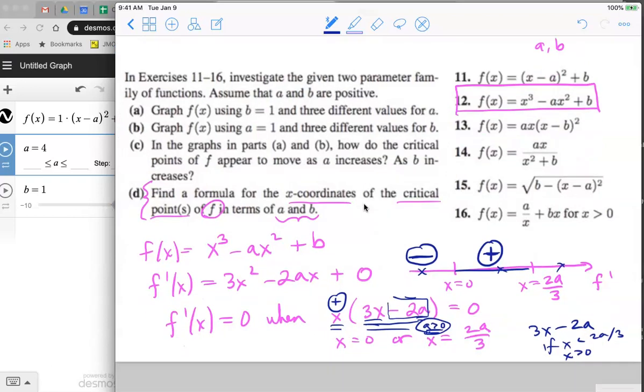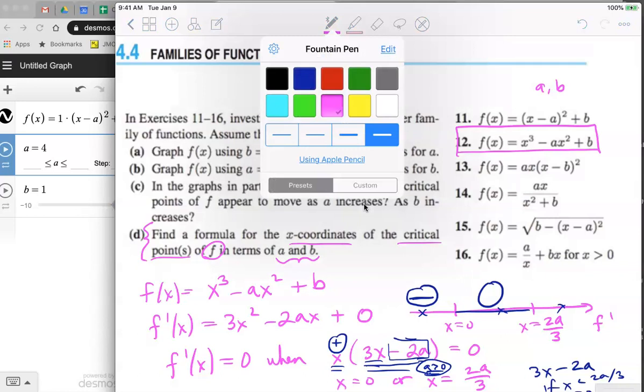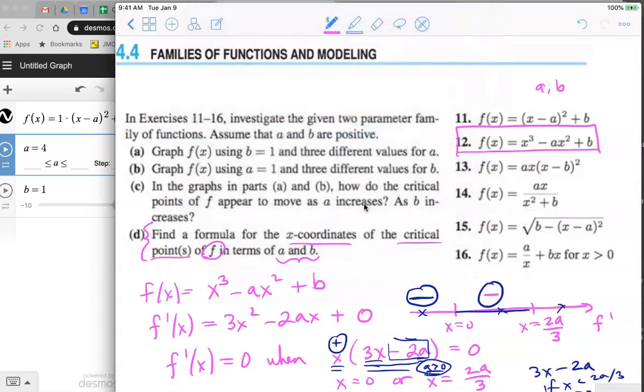Let me see, does that make sense? When x is less than 2a over 3, that means that 2a will be bigger, so you'll get a negative sign here, and when x is bigger than 2a over 3, you'll have a positive sign. So what this will say is that our function, no matter the value of a, is going to be decreasing and then increasing again.